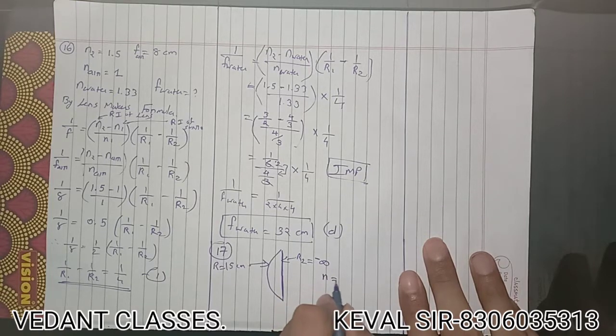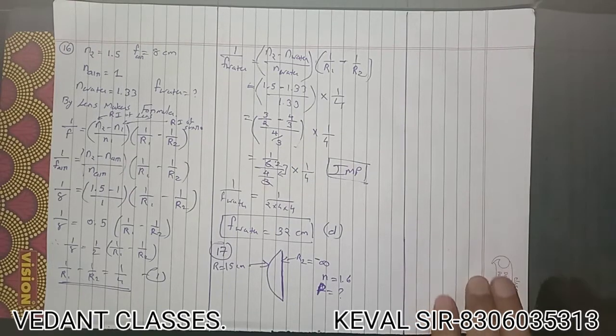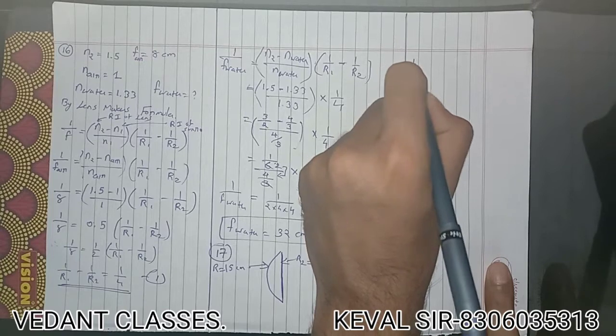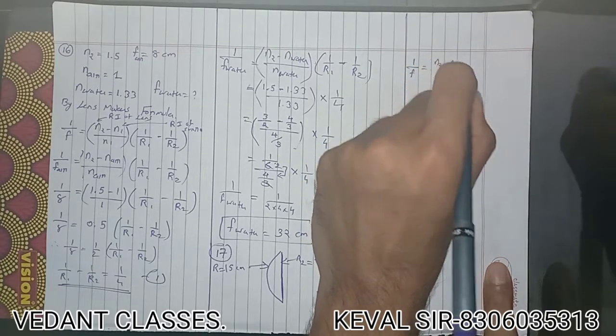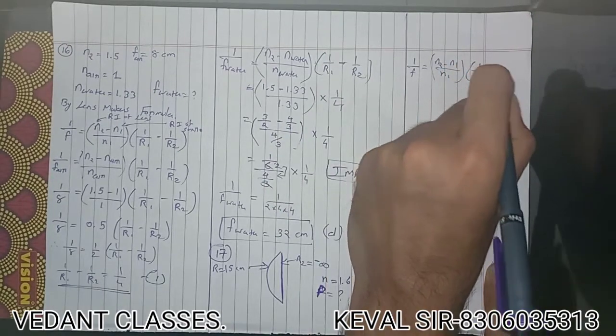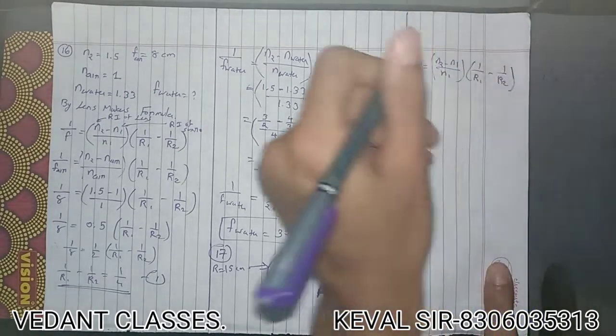So n is given, that is 1.6, and we need to calculate the focal length and the power of this plano-convex lens. Let's first find the focal length using the lens maker's formula. The lens maker's formula is 1 by f is equal to (n2 minus n1) upon n1, into (1 by r1 minus 1 by r2).